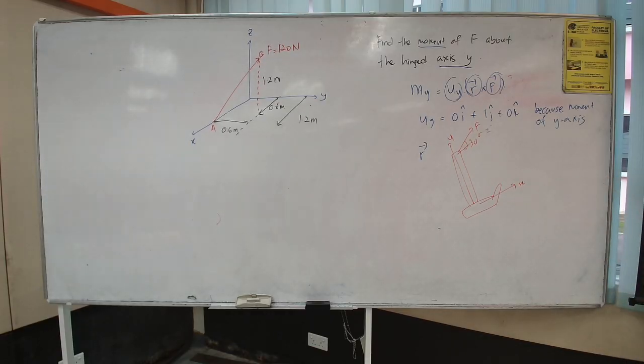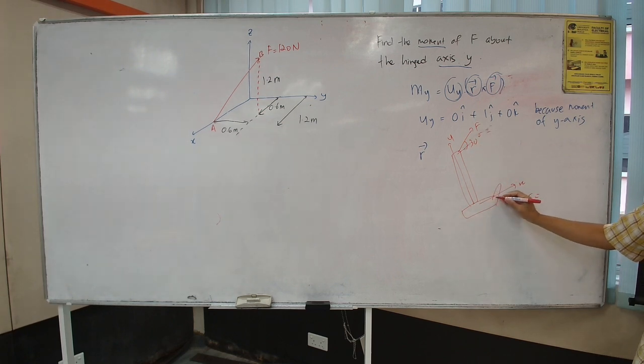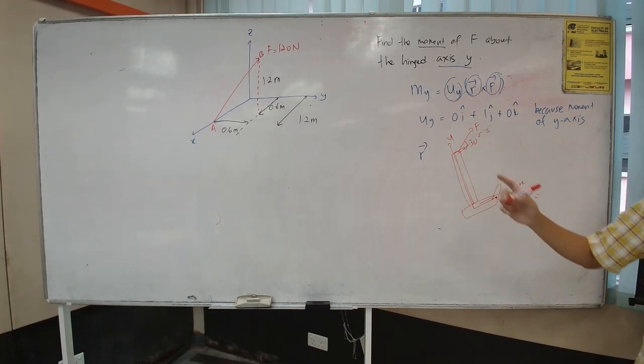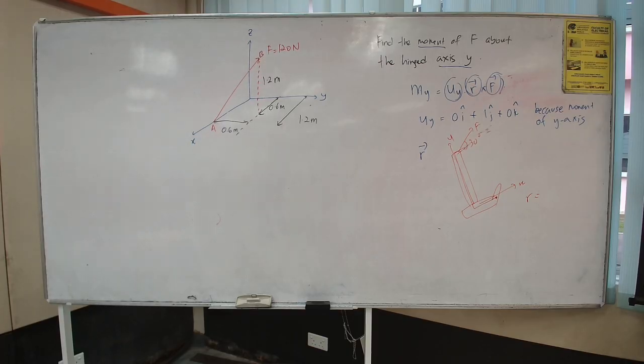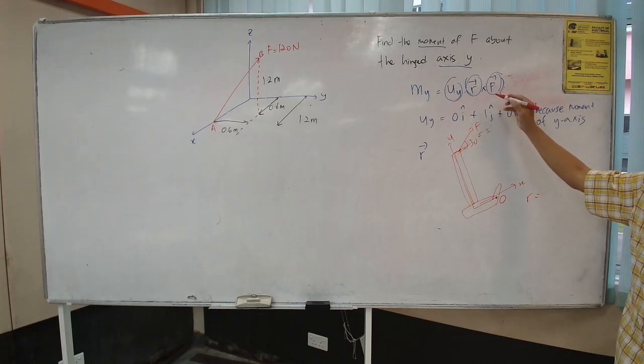If you still remember, the R that you need to find for this moment is from here to this one, going up to this one. So the R must always be from the origin until the starting point of the force.